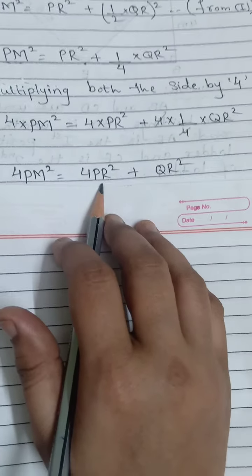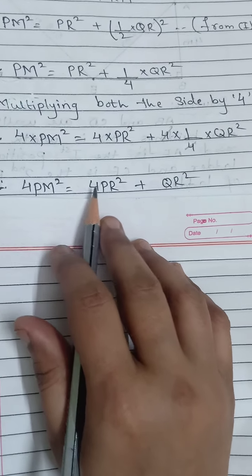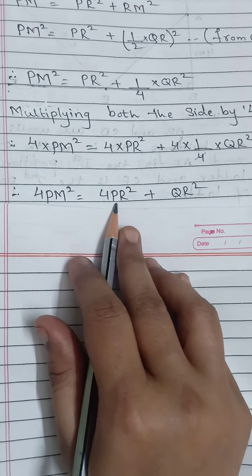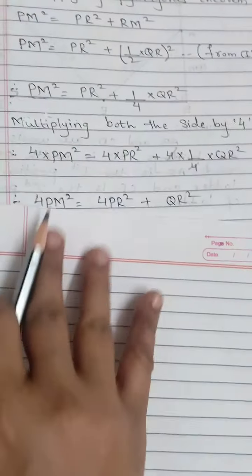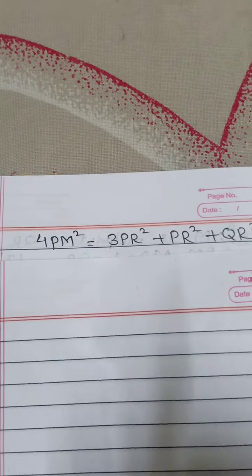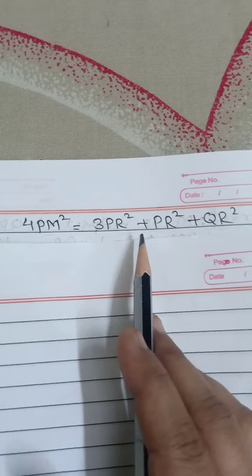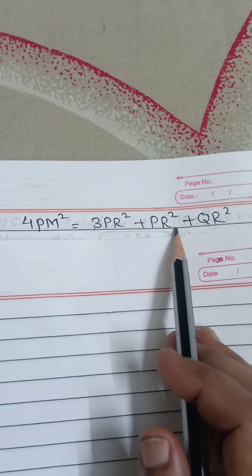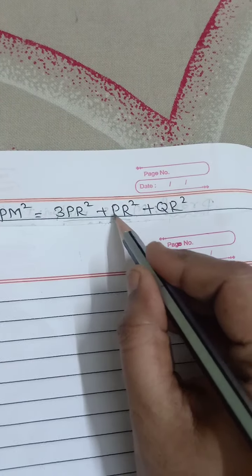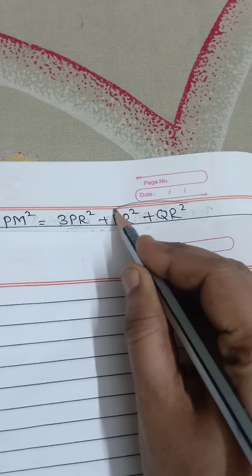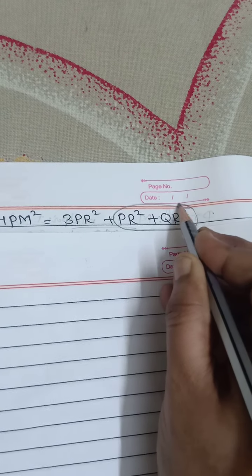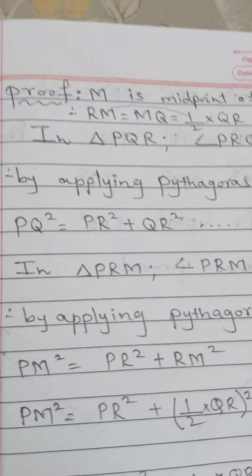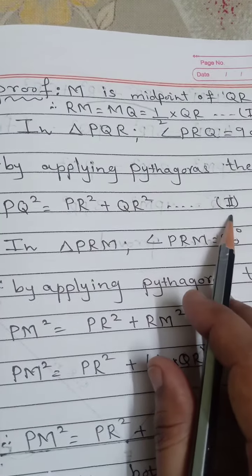Now this 4 PR square we can split as 3 PR square plus PR square. So in the place of 4 PR square we have taken 3 PR square plus PR square. Now we will take these two terms, PR square plus QR square, and see our equation number 2.